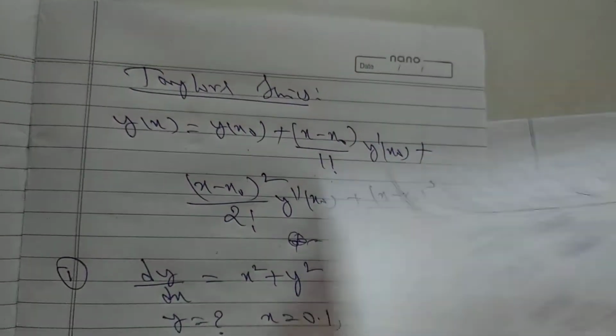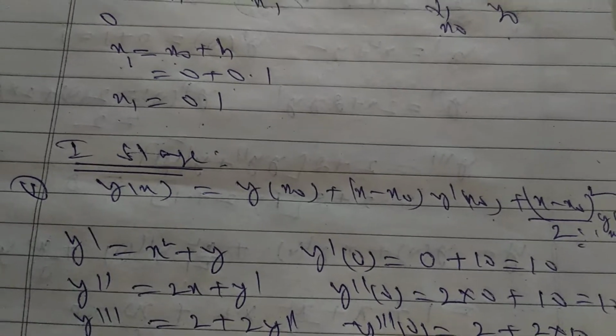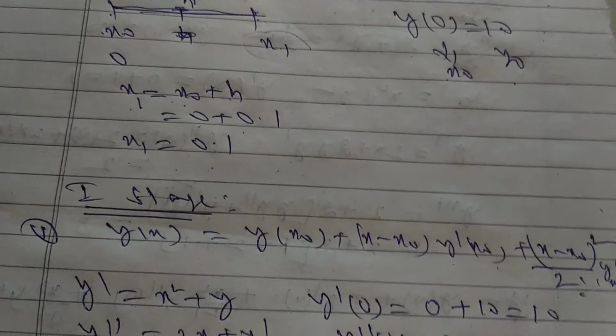So you have to take the first stage. What is the first stage? Here that formula is the same. So now you have to substitute the values. X naught is equal to 0 and y naught is equal to 10.